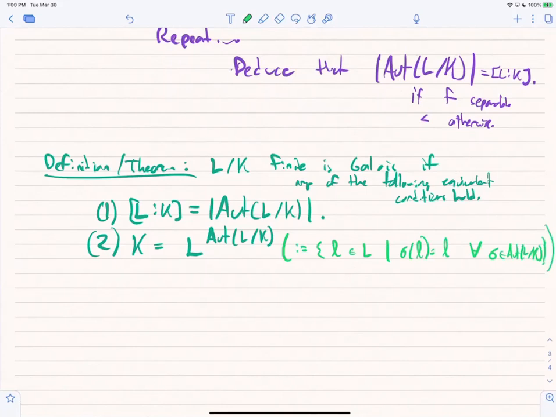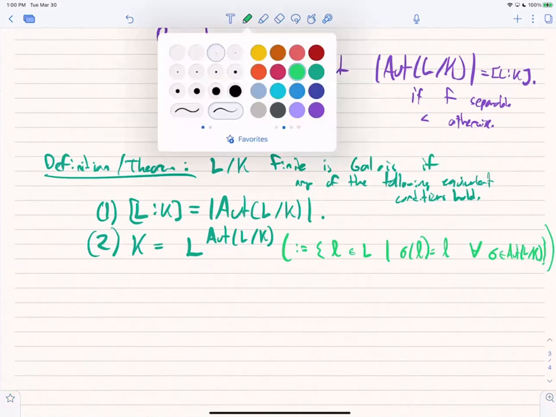By definition of Aut L over K, these are all of the automorphisms that fix K. So definitely K is contained in here, but there's no reason there can't be more than K in there. A priori. Just for example, and we've seen this already.